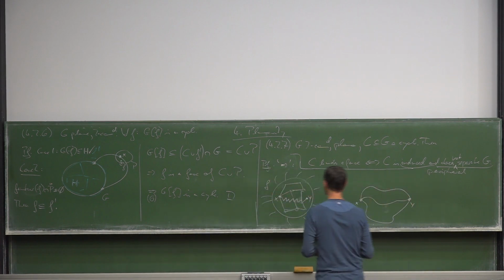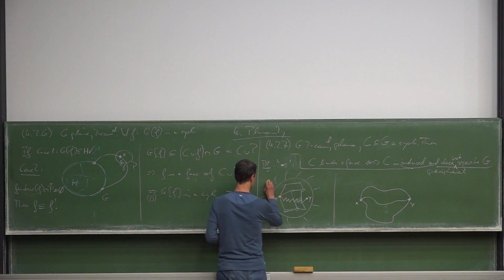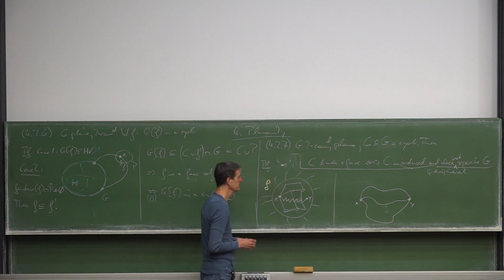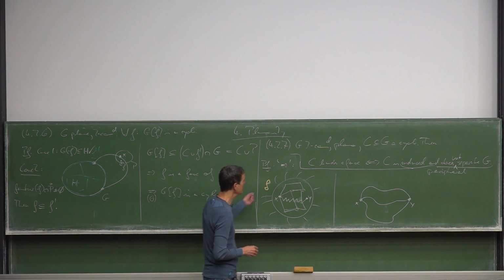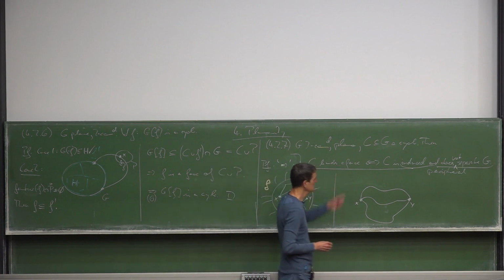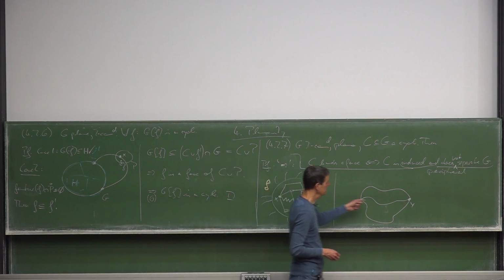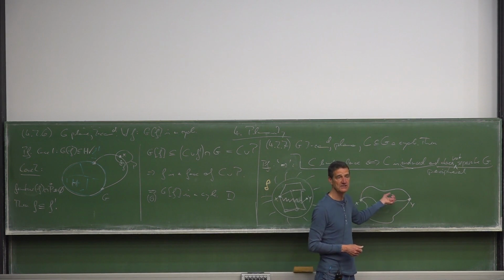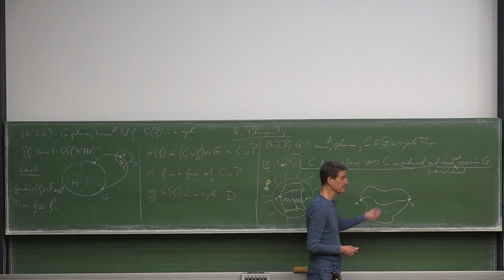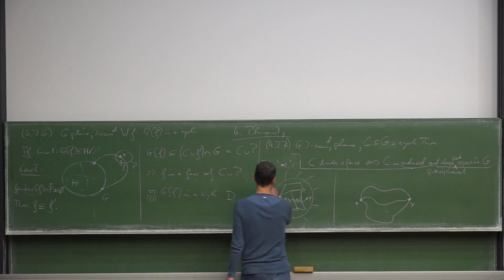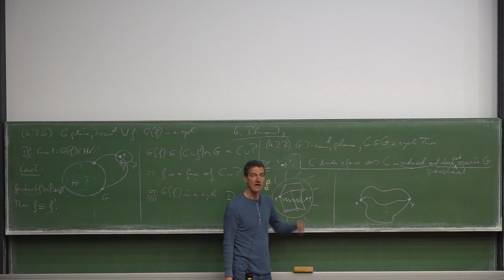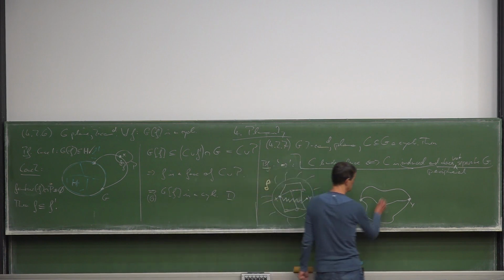But now, let's hunt for F. Where is F? F is a face. The union of these three paths is a subgraph of G. So F lies in a face of that subgraph somewhere.